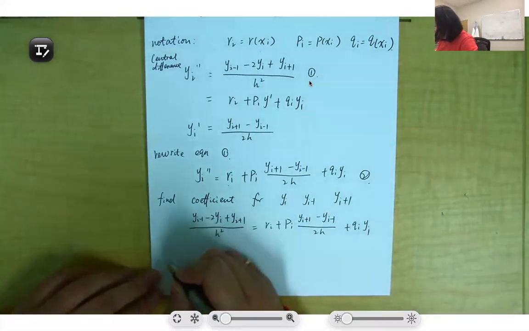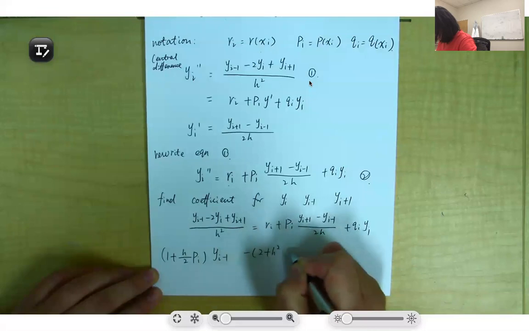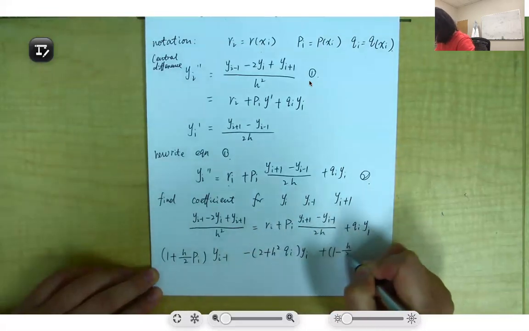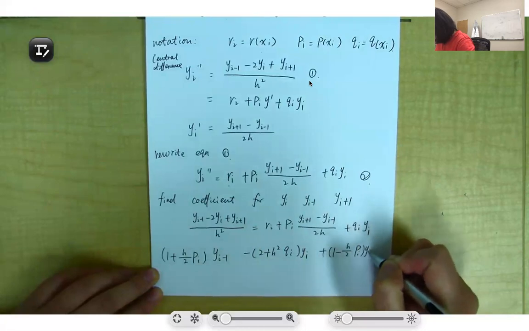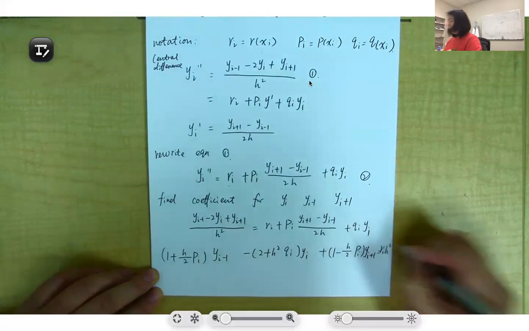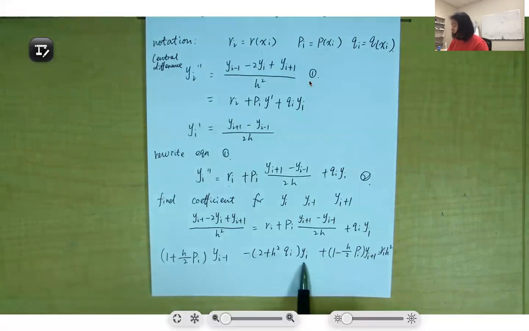So we get (1 plus h over 2 pi) yi minus 1 minus (2 plus h squared qi) yi plus (1 minus h over 2 pi) yi plus 1 equals ri h squared. So you put all the coefficients for yi minus 1, yi, and yi plus 1, and the forcing function into the same term.